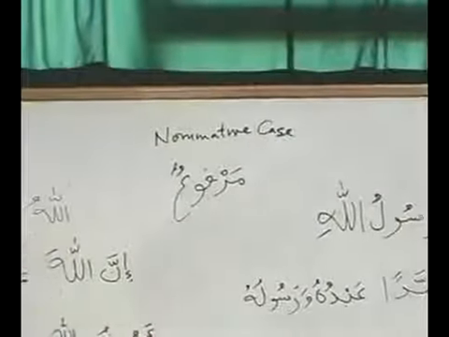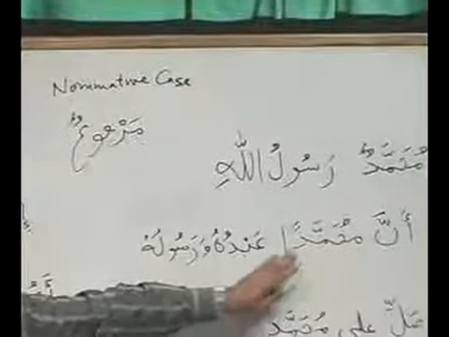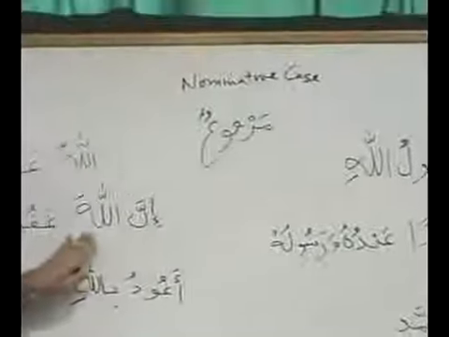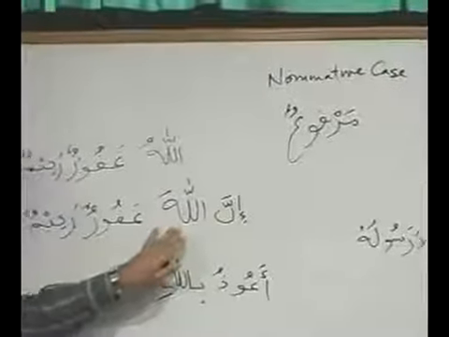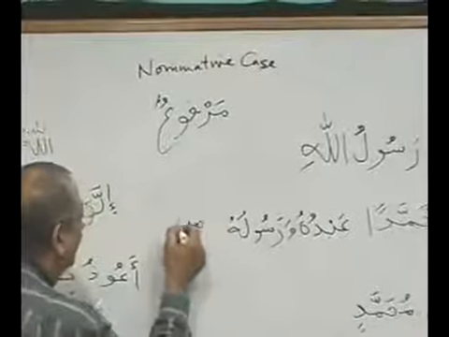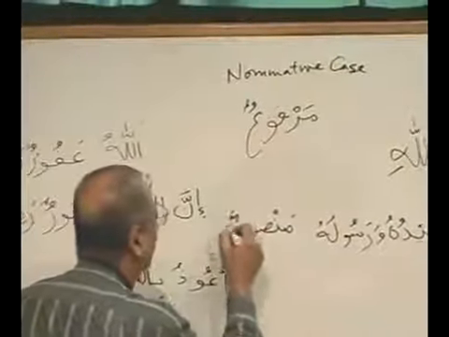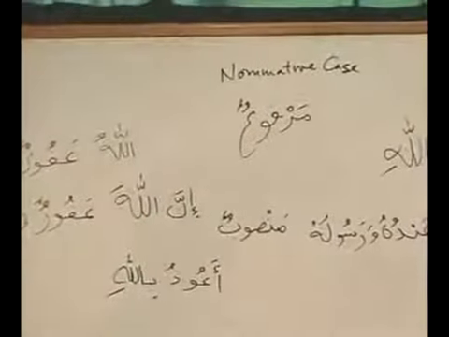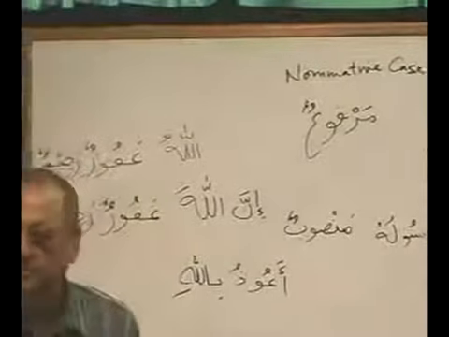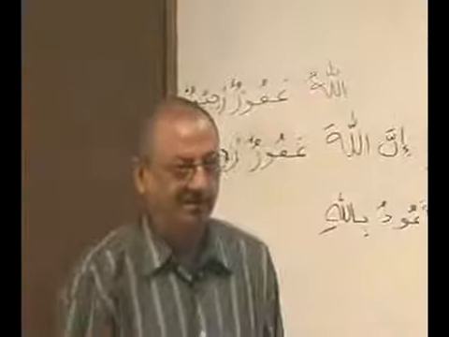Okay? Now if the noun ends with a fatha, be it a tanween, or be it a single fatha at the end of a noun, then we say it is mansoob. What is it, brother? It is mansoob. What do we call it in English? Either you call it objective case or accusative case. It's mentioned there.